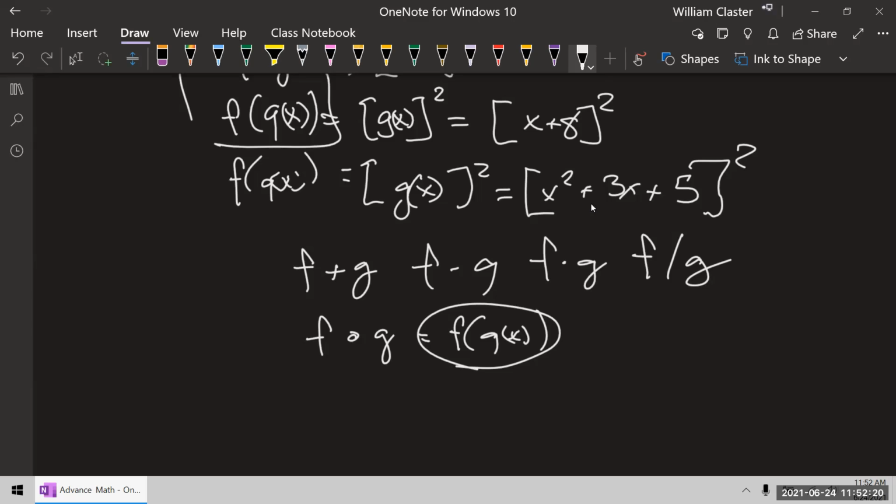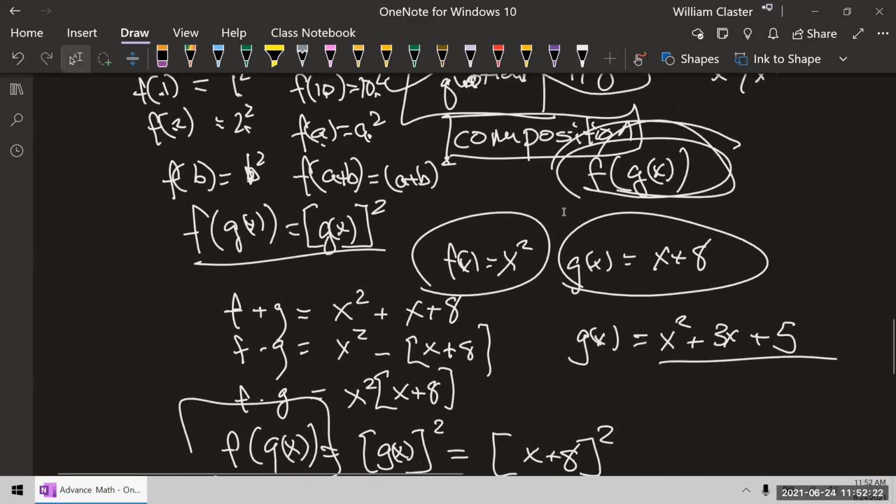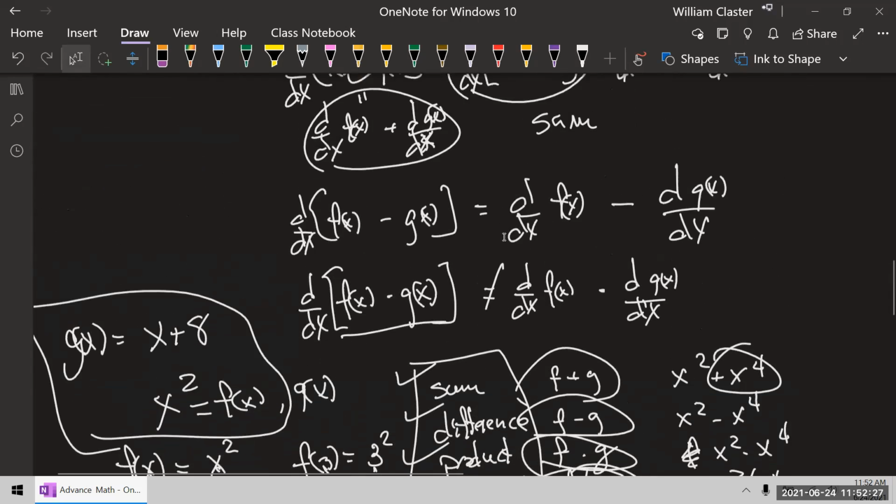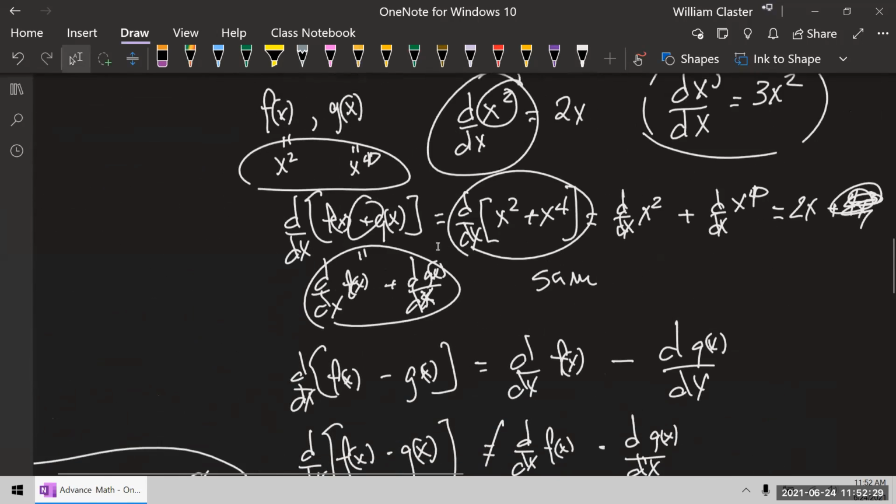Now going back up to above, we had some rules for doing derivatives of different operations. The first rule said that the derivative of the sum of two functions is the derivative of the first one plus the derivative of the second one, and just add them.